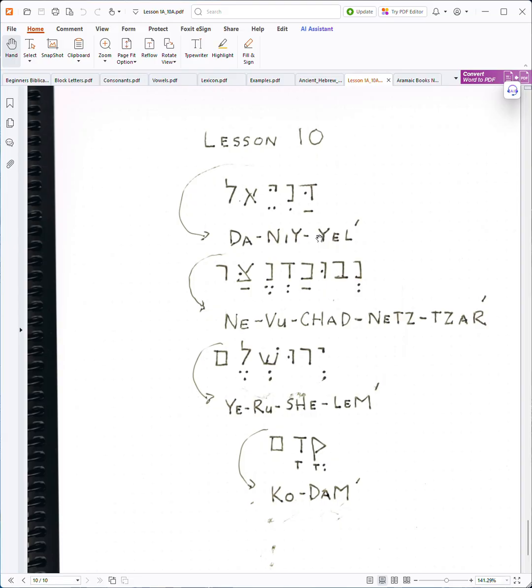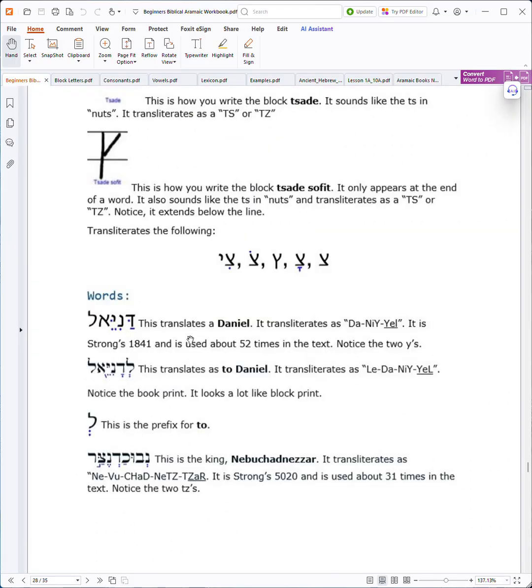So this is a dagesh forte. Then you get a YE, and then this was a vowel in the past, so that's why it's lingering like that. So you get a YEL. So it's Daniel. So now we have Le Daniel. So this is to Daniel. Le is the prefix.